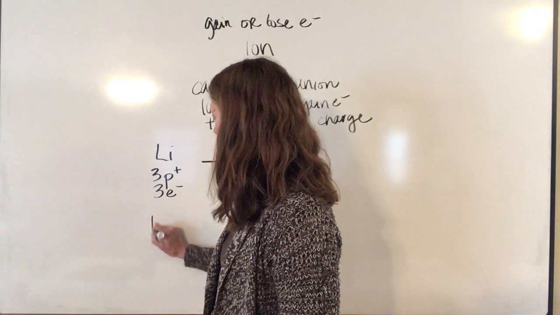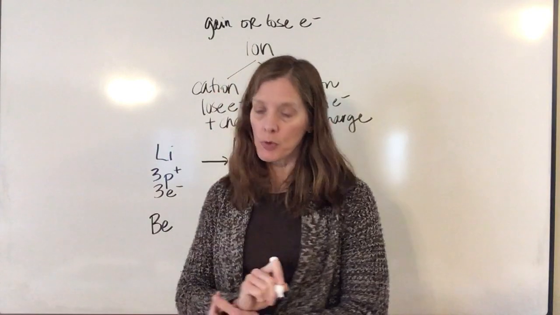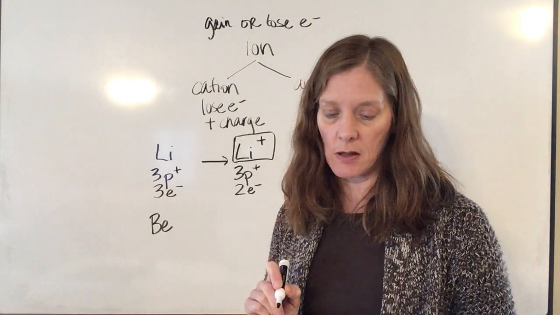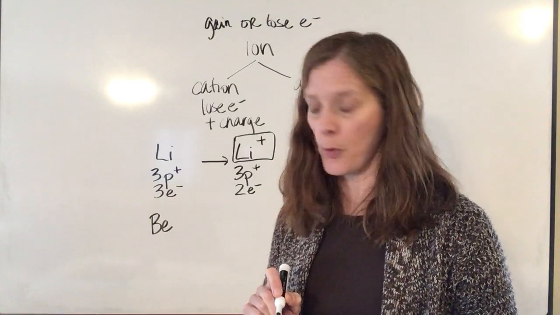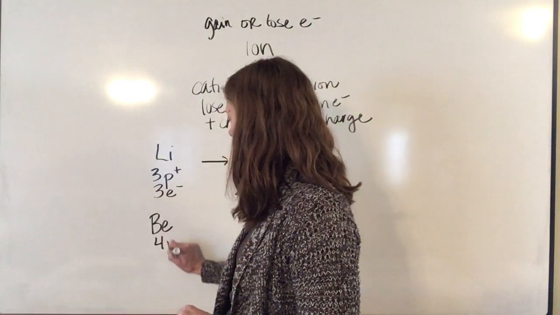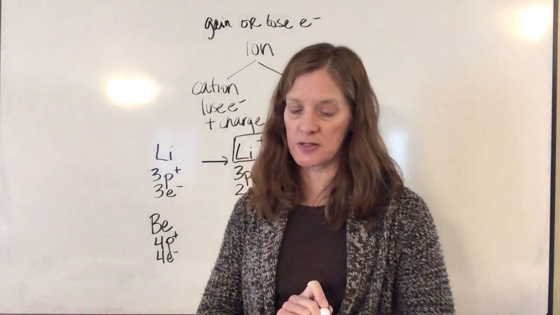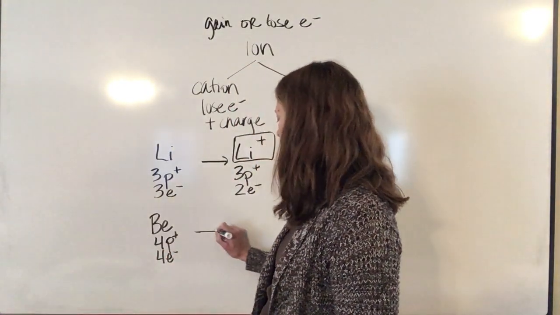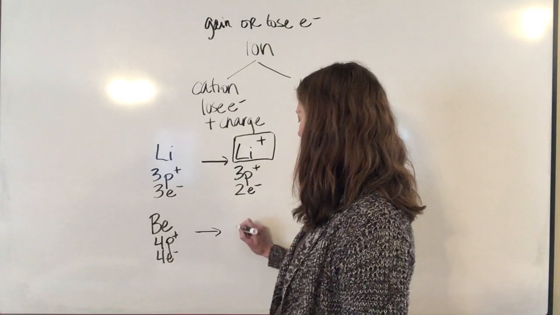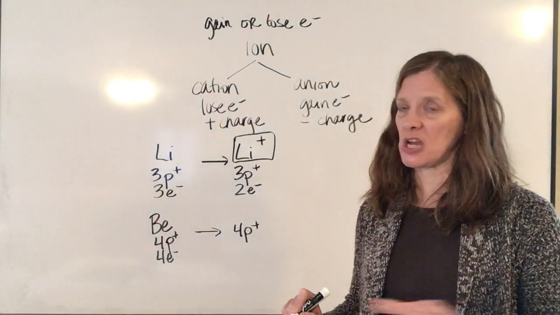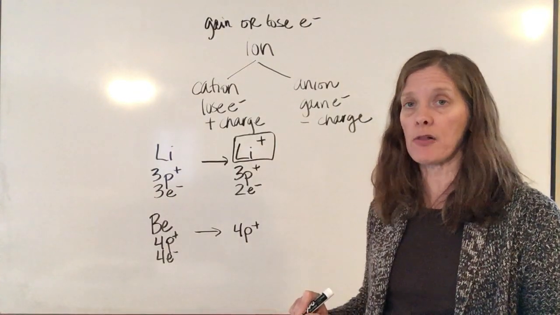Okay, let's do another example. Let's talk about beryllium. Beryllium is right next to lithium on the periodic table, in the second column over. It has an atomic number of 4, so that means it has 4 protons, and if it is neutral, it's going to have 4 electrons as well. It's still going to have 4 protons, because if it changes the number of protons, it changes the element that it is.